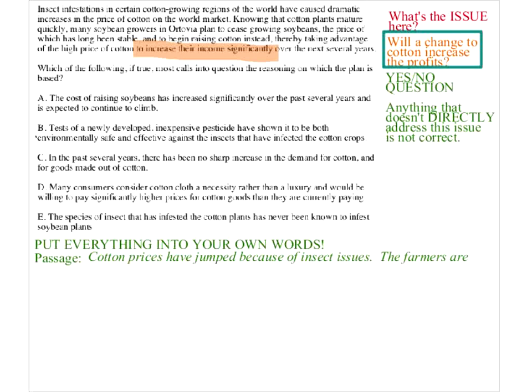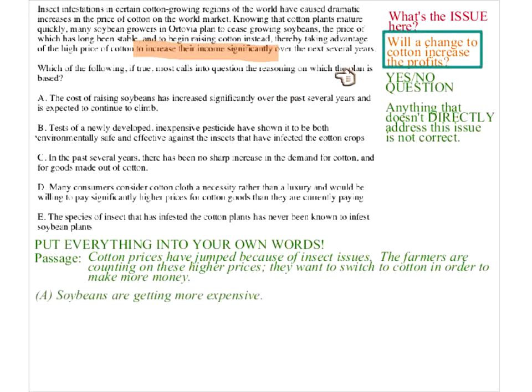They want to switch to cotton in order to make more money. A says that soybeans are getting more expensive. What effect does that have on this question? Will changing to cotton increase the profits?